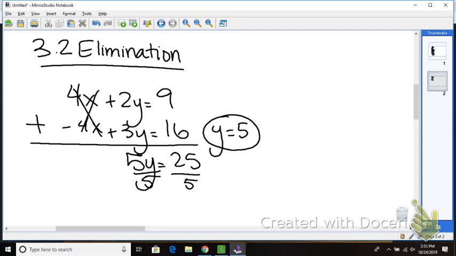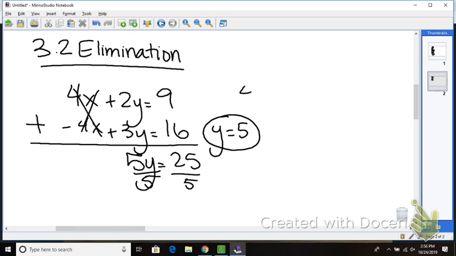Now here's the part of elimination that's not as easy as substitution. When we did that last problem and we plugged in, we had the x already by itself, and it was easy to solve for the second one. This one you're just going to have to do a little more work because these aren't solved for. So we can choose either 1 or 2. I would probably choose 1 because it doesn't have a negative in front of it. But you're going to plug 5 into this y here.